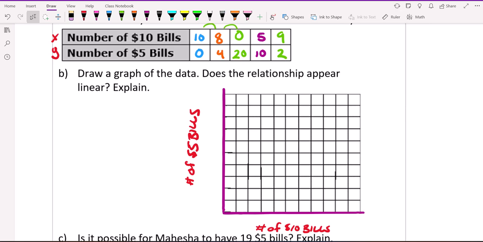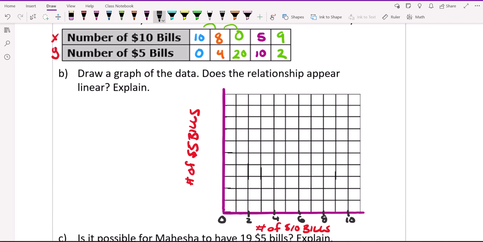But remember, we don't have to label every single line. We can label every second line to make it a little bit nicer to read. So I'm going to go 1, 2, 3, 4, 5, 6, 7, 8, 9, 10. And we have 0 here. Okay, let you guys write that down.